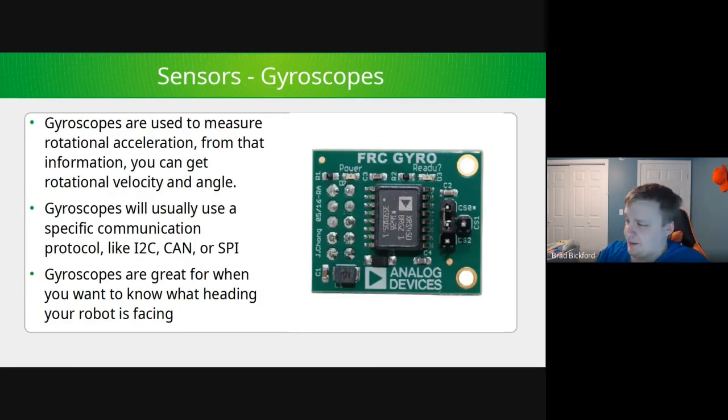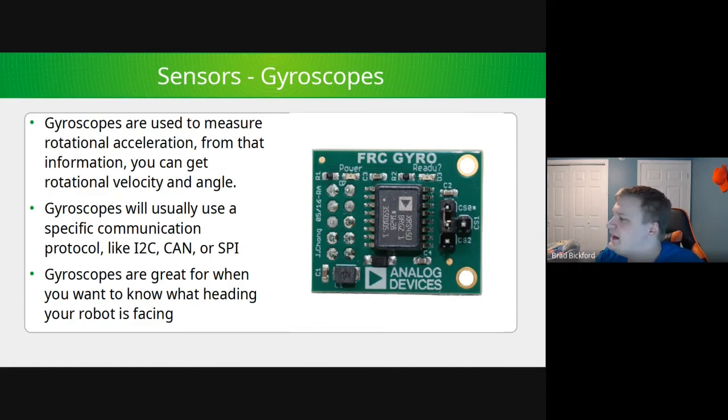The next thing that we're going to talk about is gyroscopes. Gyroscopes are used to measure rotational acceleration. From that information, you can calculate rotational velocity and the current angle of the robot. This gyro depicted here, I do not know off the top of my head, but there are some gyros that will do that calculation for you, and you can request from them either the acceleration, the velocity, or the angle.